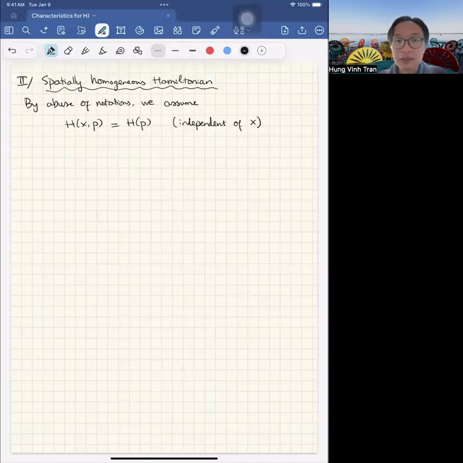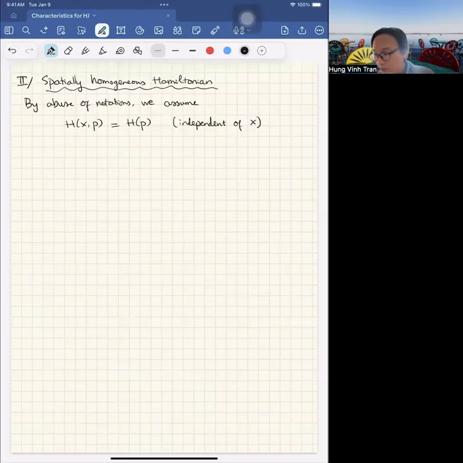That's why we say that it's spatially homogeneous. I want to talk about this situation and understand what happens to the method of characteristics. Can we go a bit deeper here?